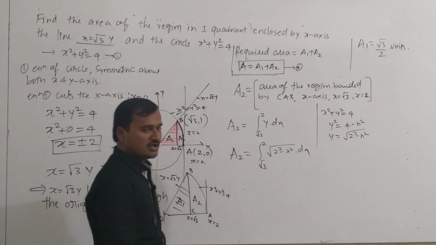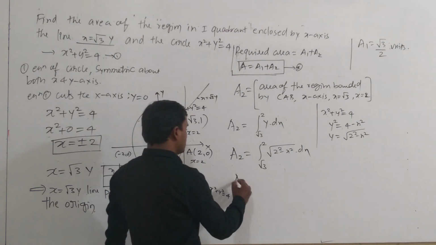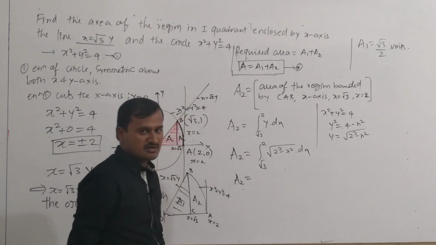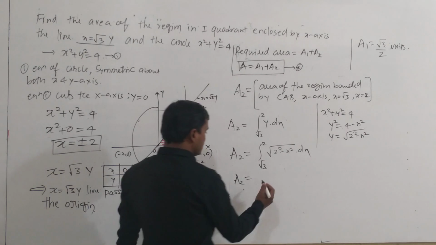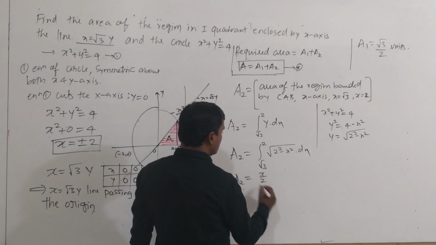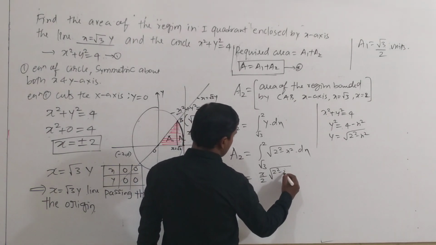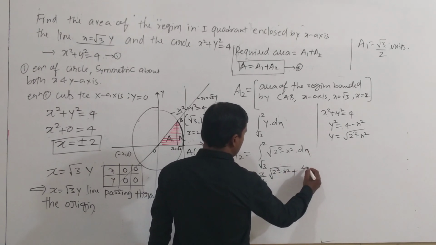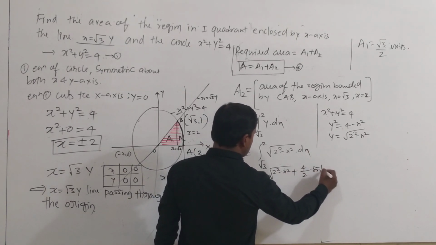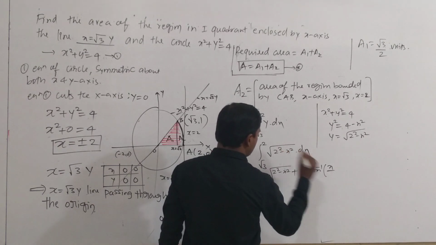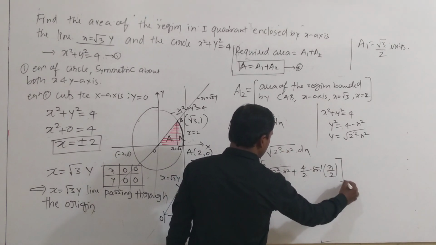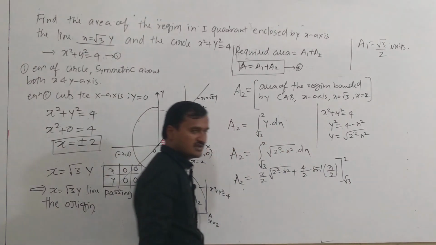Again we know the formula: integration of root of a square minus x square is x by 2 into square root of a square minus x square plus a square by 2 into sine inverse of x by a. Here a is 2, over the limit root 3 to 2. Is it right?